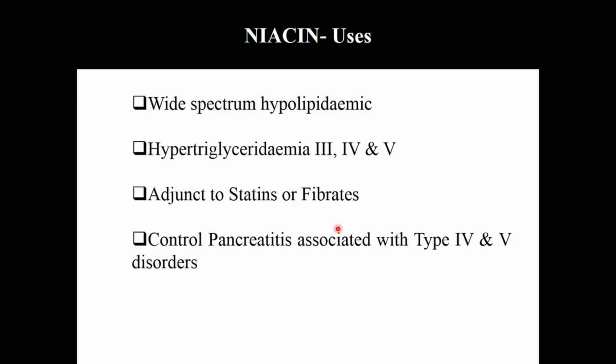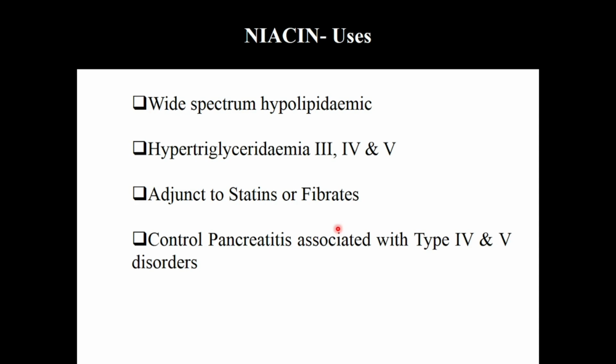Where is it used? It is a wide spectrum hypolipidemic agent. As you have seen, this is the most effective drug causing increased HDL cholesterol, and its LDL and VLDL lowering property is also good. So almost the whole spectrum of hyperlipidemia, this drug can be used.